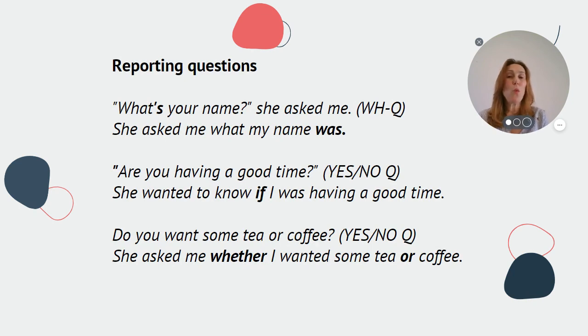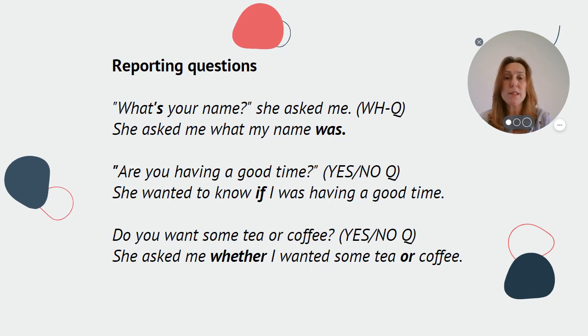When you are reporting questions, we have to notice that there are 2 types of questions, WH questions or yes-no questions. WH questions are questions that contain a WH word. For example, what, where, when, how, which, who as well.